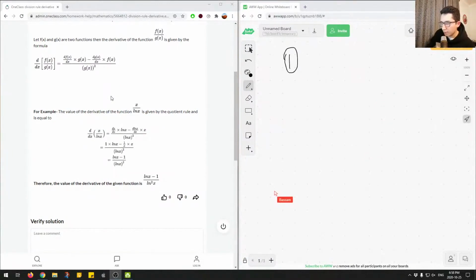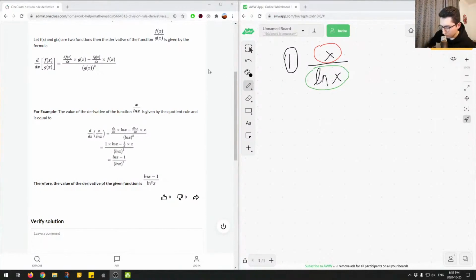So if we had the function x over ln x, we can see that f at x here is just x, and g of x is ln x. It could be any other function, but in this scenario we're given x over ln x.